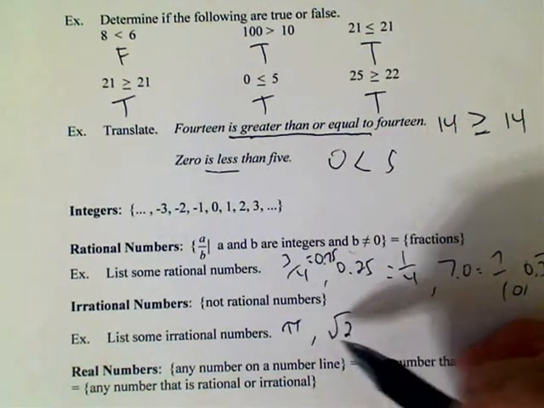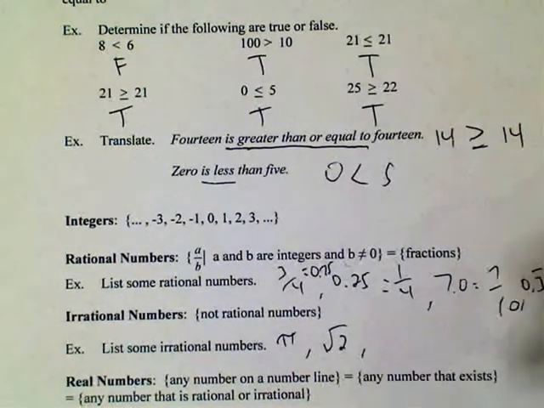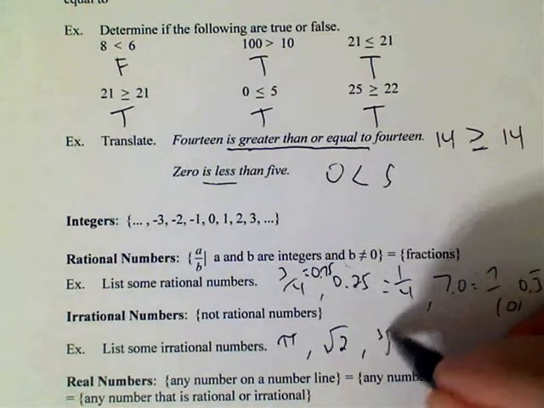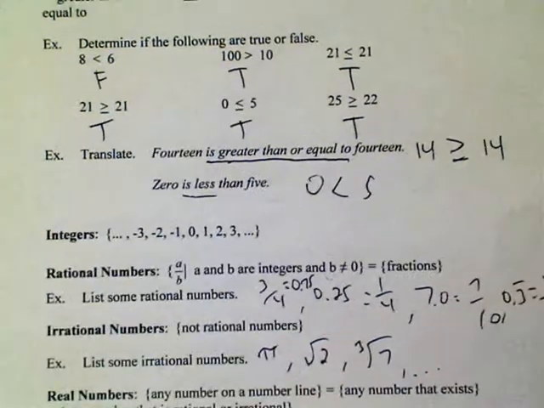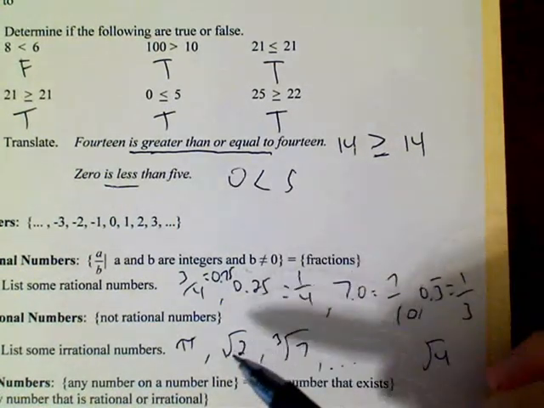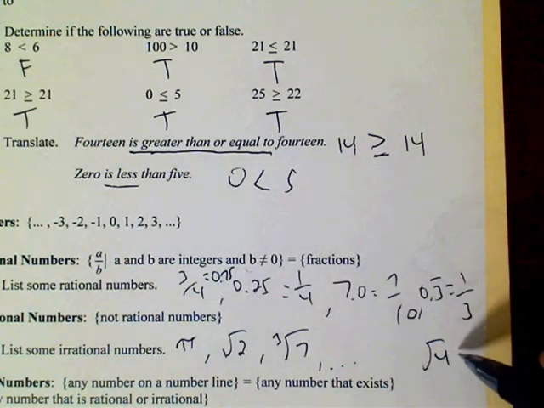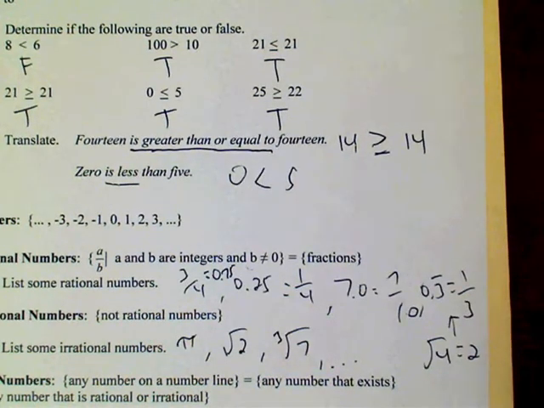Square roots: the square root of 2 never ends and never repeats. You can do cube roots: the cube root of 7 never ends or repeats. Now don't be misled into thinking that the square root of 4 is an irrational number. The square root of 4 is the same as 2, therefore it's rational. So keep that in mind.